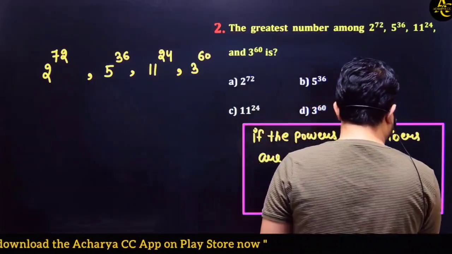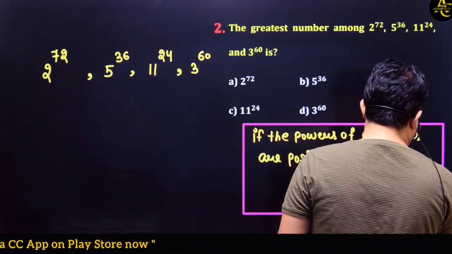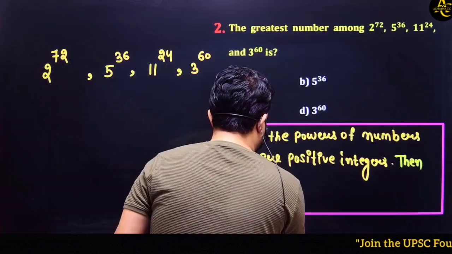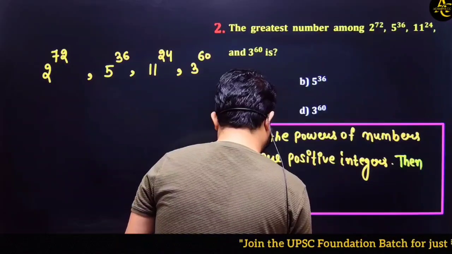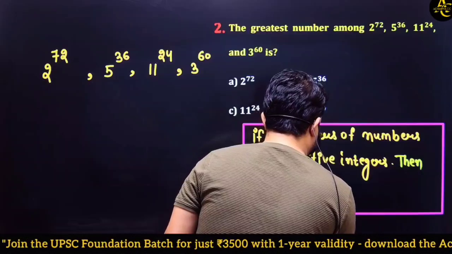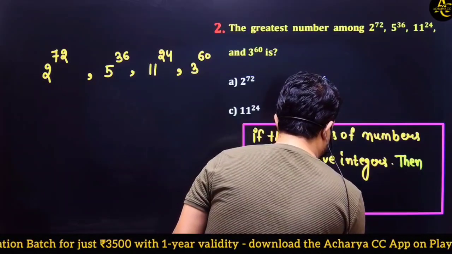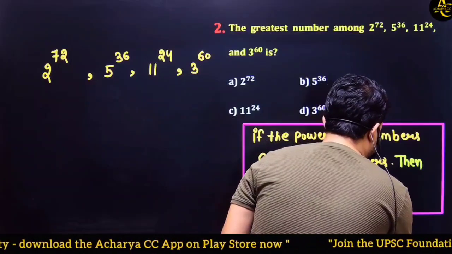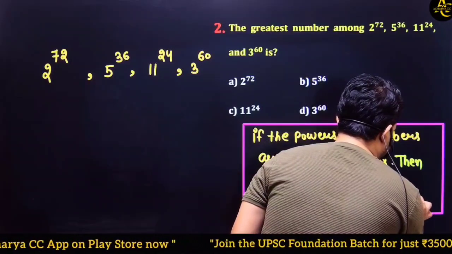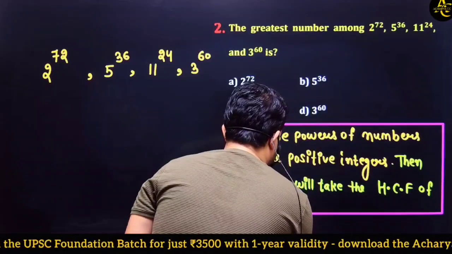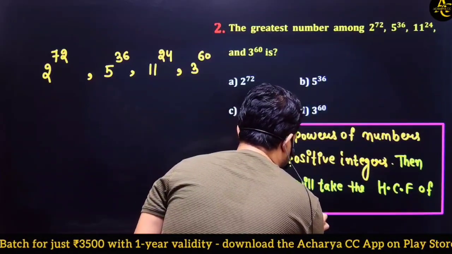Then you will take the highest common factor, that is HCF, of those powers.